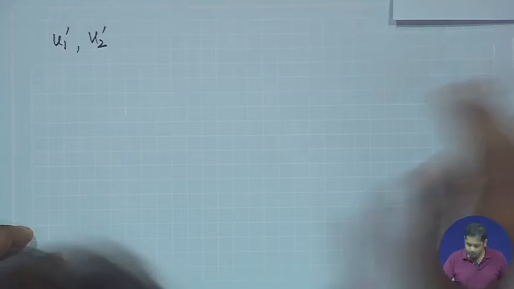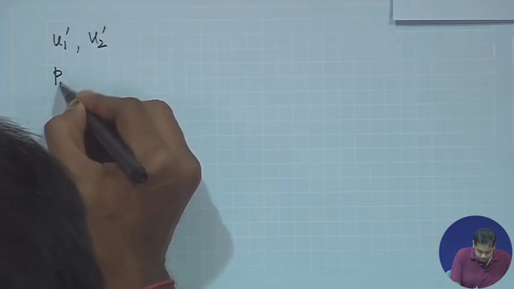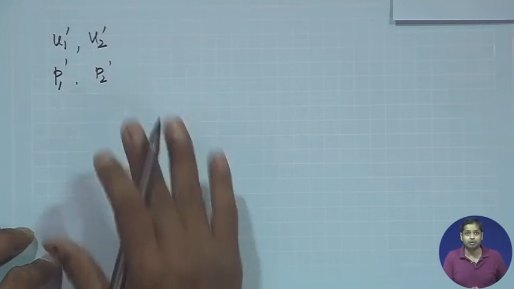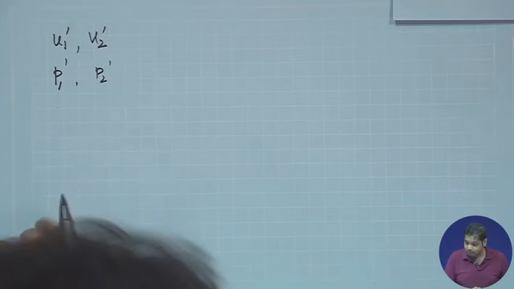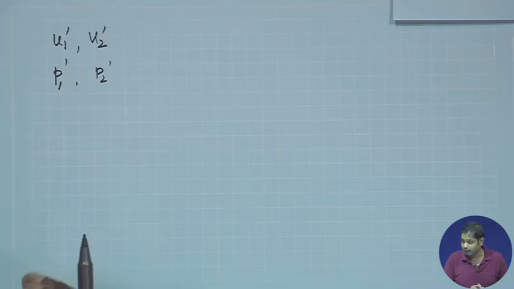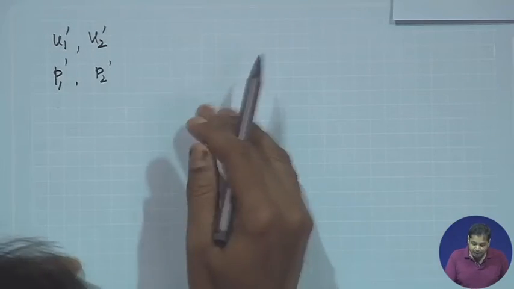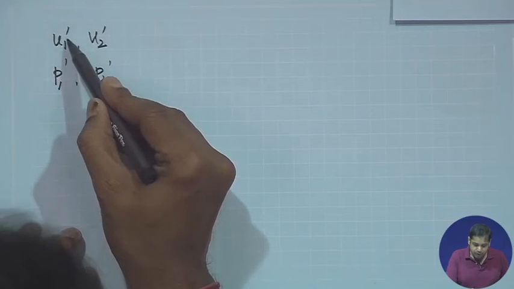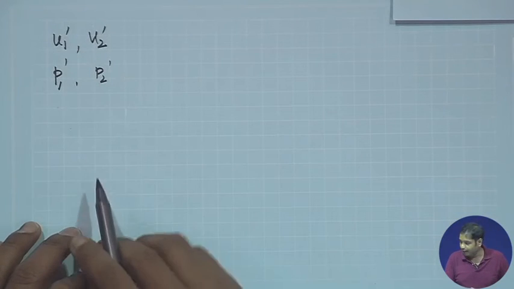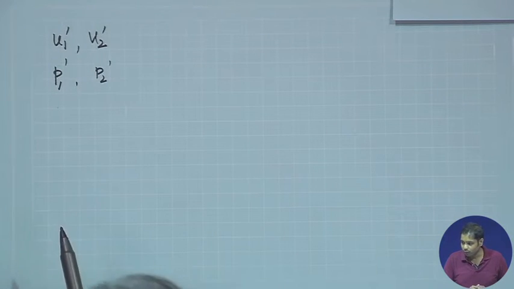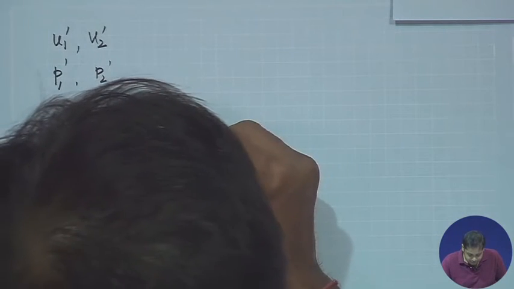And similarly the corresponding forces are P1 dash and P2 dash. They are all written with a dash because they are with respect to the local coordinate system. Okay. Now the member is only subjected to U1 and P1.